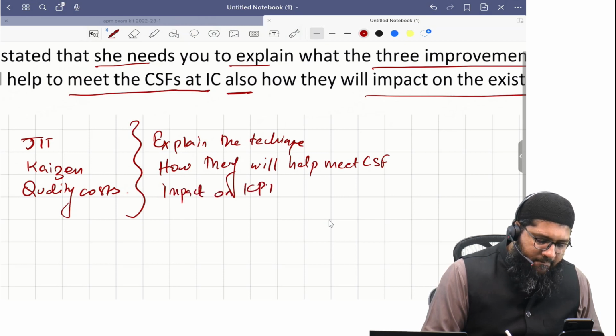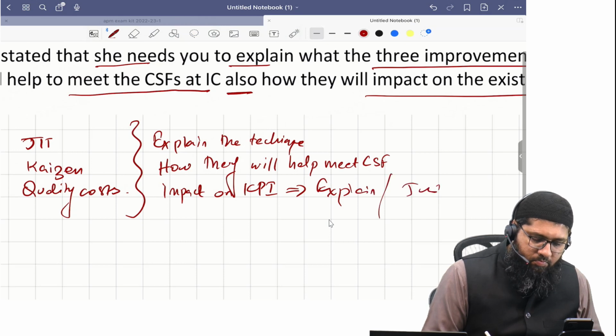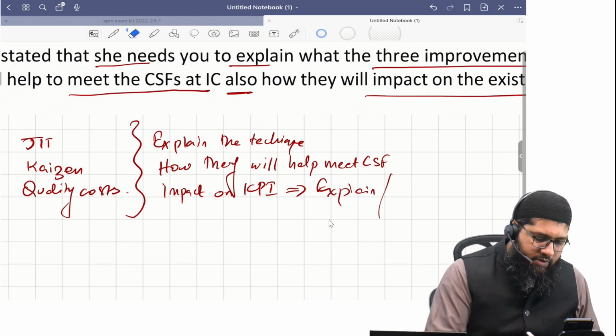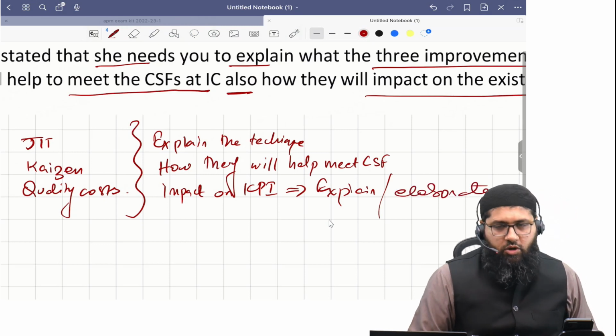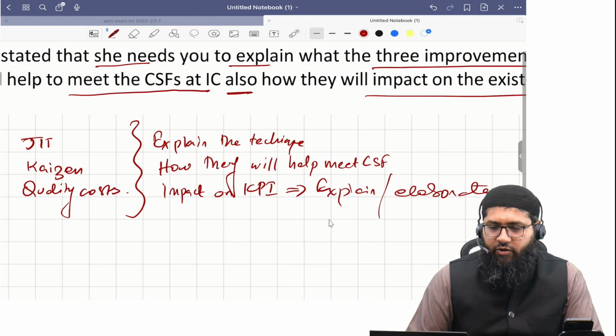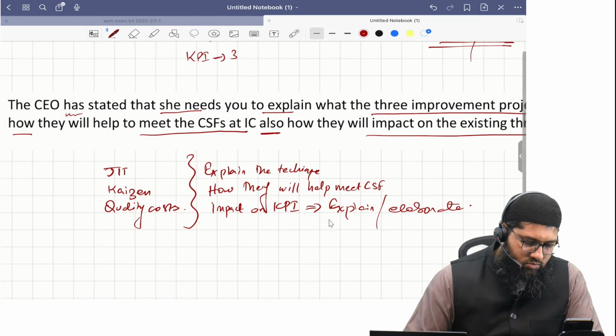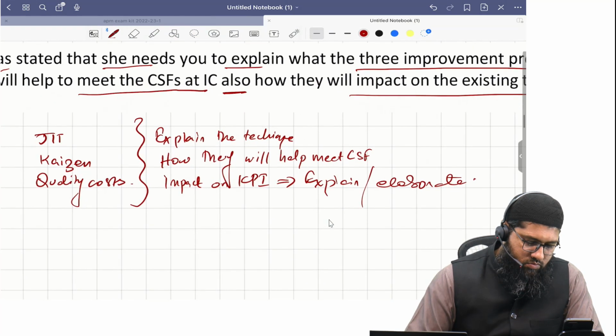Impact on KPI, you need to explain, elaborate. You've got to explain, you've got to elaborate. That's what you would have to do.